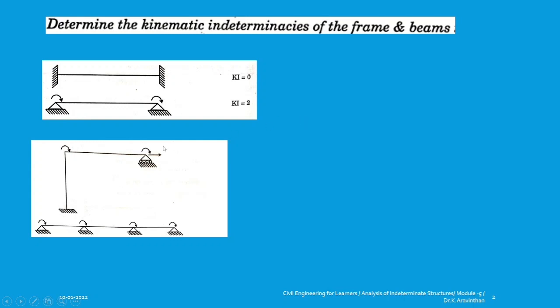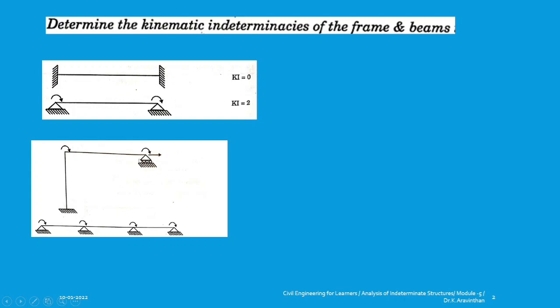Okay. Now take this case, where you have 3 joints here, 1, 2 and 3. So your total degrees of freedom will be 3 into 3, which is 9. And you have a number of reactions, that is 3 reactions here, and here you cannot pull this beam upward or pull this support in the horizontal direction.